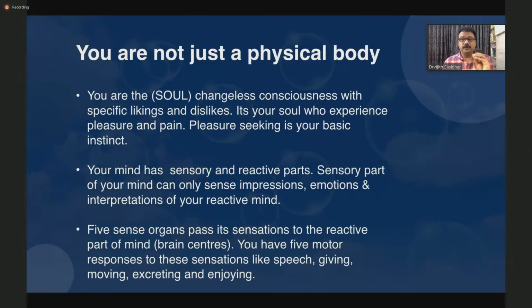So you know that you have 5 senses like eyes, ears, nose, tongue, and skin. In the same way, how you derive information from the surroundings, how you constantly sense what is happening outside you through the senses, Ayurveda explains 5 motor organs or response organs like the organ of speech, the organ of giving.